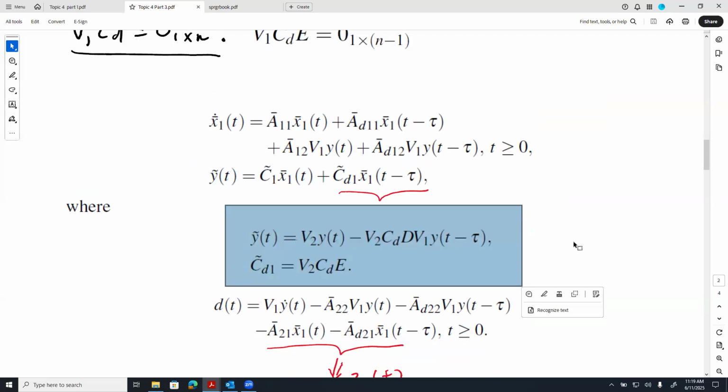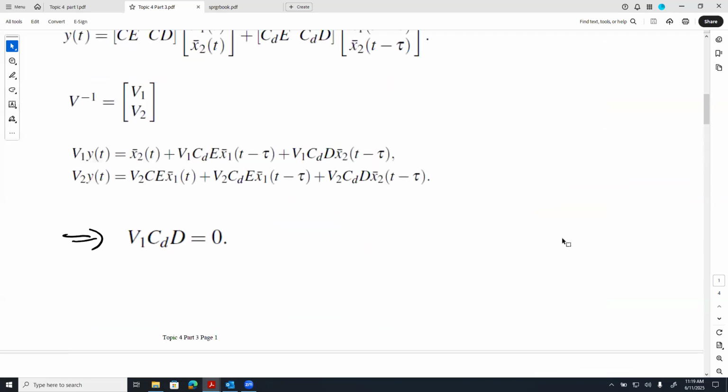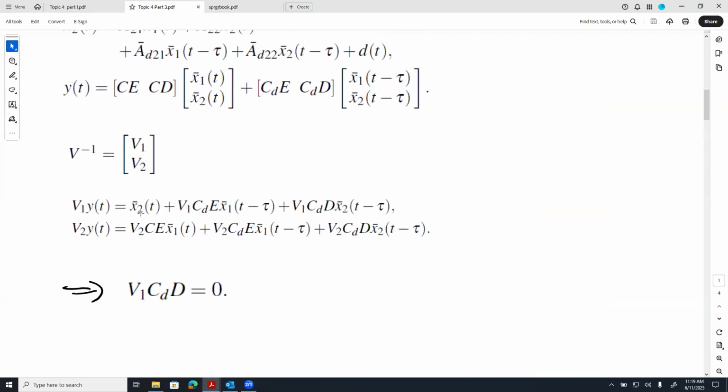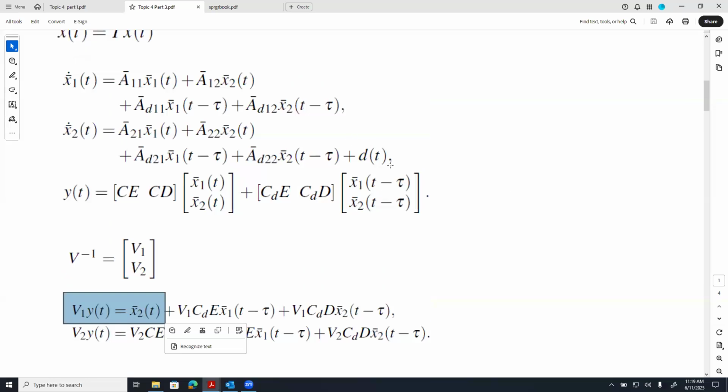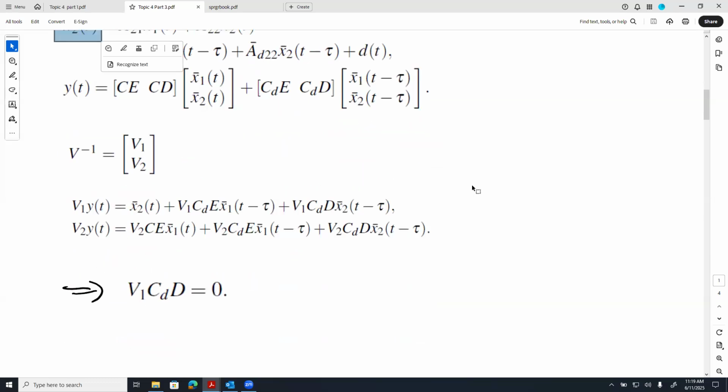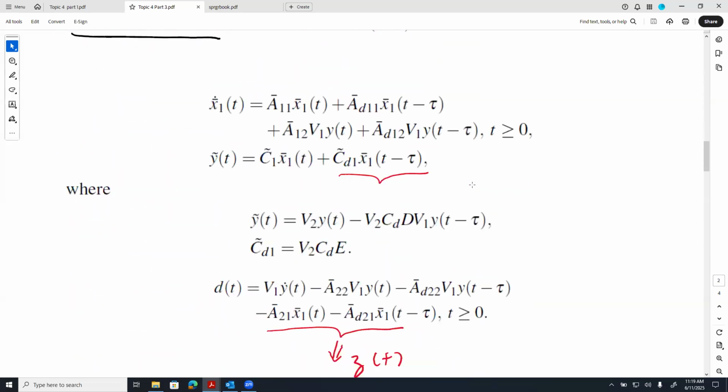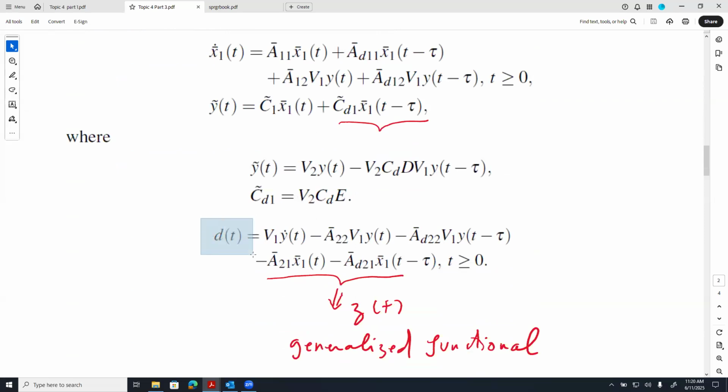And then once we substitute this expression back into the unknown input expression, and the expression x bar 2 dot in terms of y1 dot and so on, we're going to get this unknown input expressed in its entirety.